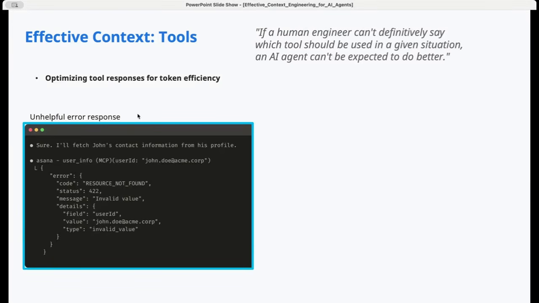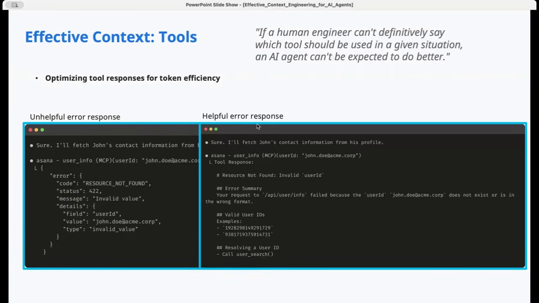For example, if the tool just returns resource not found, with a status, and a message saying invalid value, and this is the call to the tool, actually the LLM may take more thinking tokens, and is going to duplicate some LLM memory to figure out how to resolve this tool error.